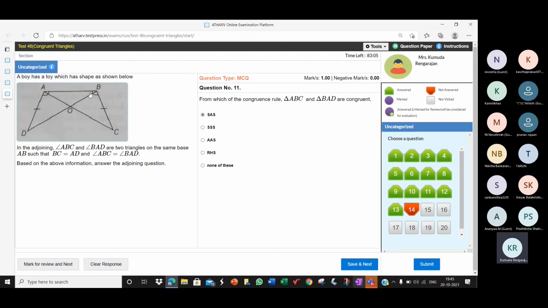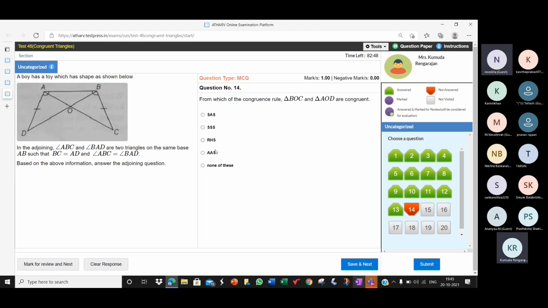How much of B do you see here? Only this much, not the full thing. So those portions are equal, yes. That part of A is equal to that part of B.